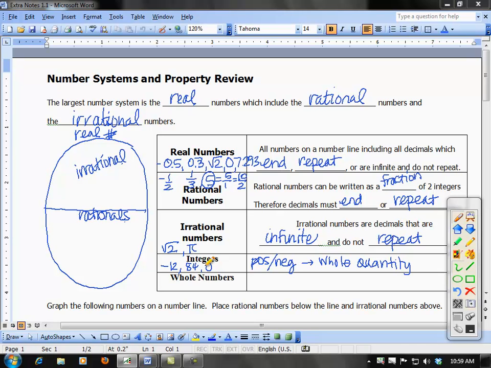And so inside this rational category, we knew that rationals were two integers. Inside of this rational half of an oval is what we call the integers, because rationals are made up of the fraction of an integer.